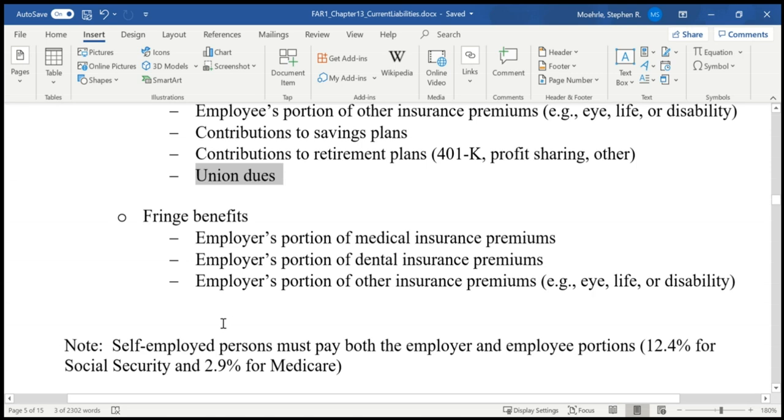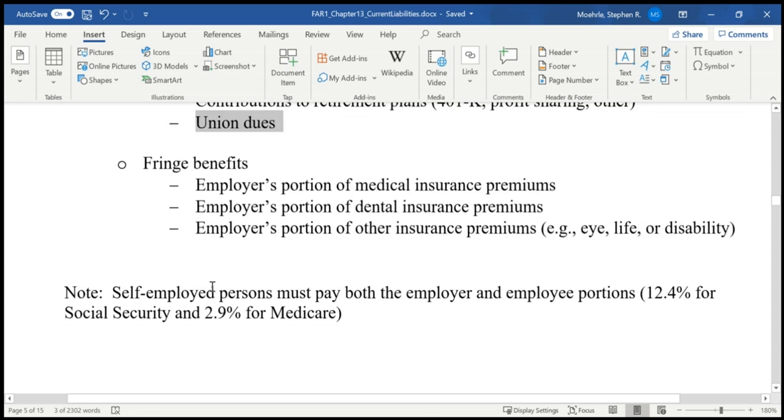Just know this: if you're a self-employed person, you must pay both the employer and employee portions of all the taxes. So keep that in mind if you're going to go into business for yourself. And also, this arises in my personal tax return for work I do on the side as a consultant or a contractor. So keep that in mind if you're a self-employed individual.